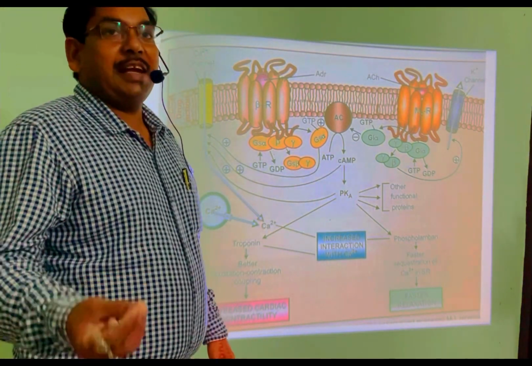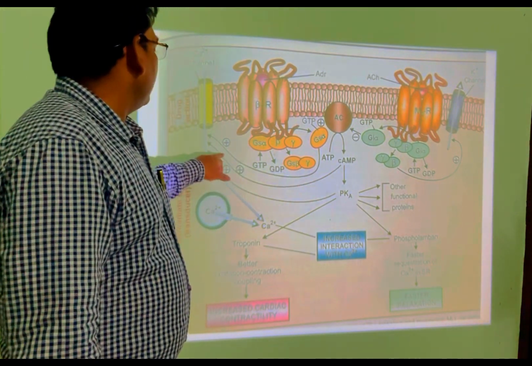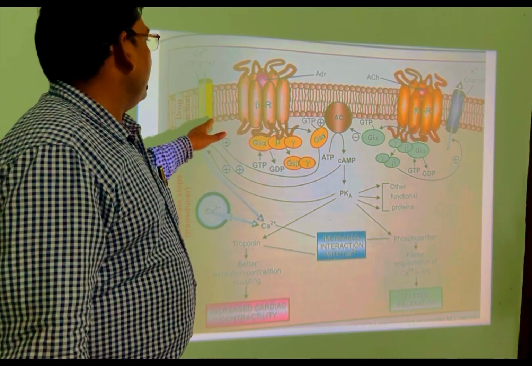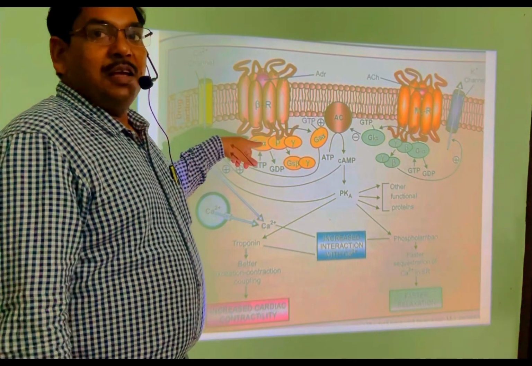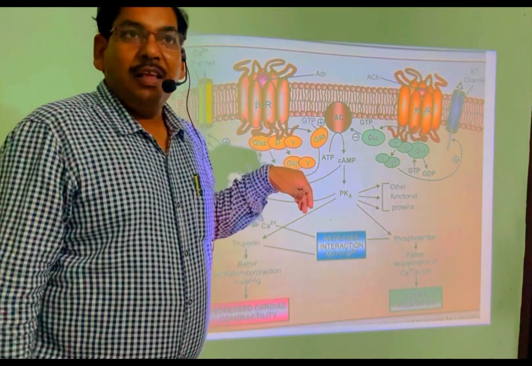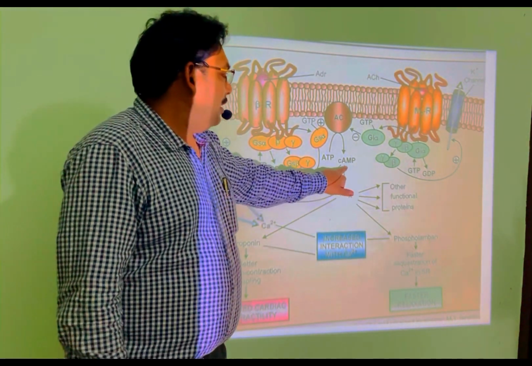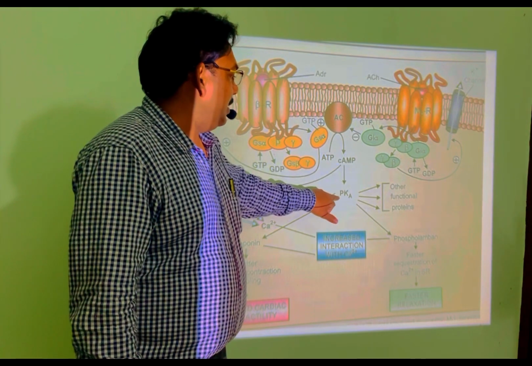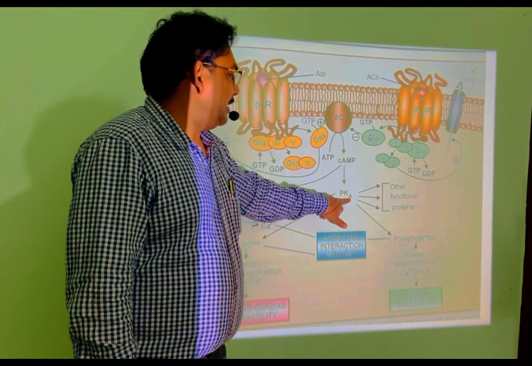Cyclic AMP is the second messenger. Similarly, cyclic AMP stimulates the calcium channel attached to the membrane, and calcium ions flow from outside to inside. Cyclic AMP also has another function: phosphorylation of protein kinase enzyme.